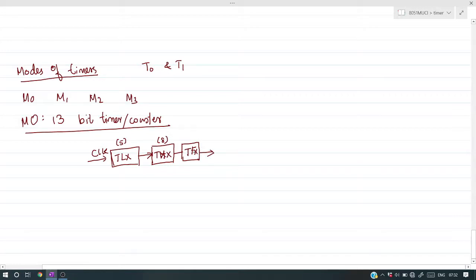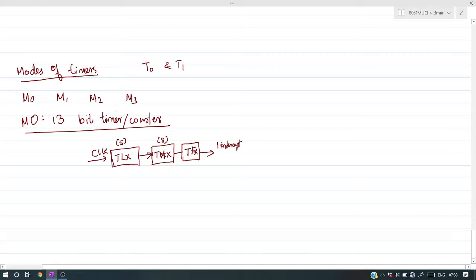Whenever TF, that means the timer overflow flag, is set, it will send an interrupt signal. That means it will interrupt the microprocessor and it will service the interrupt service subroutine, that is ISR, related to this counting operation. During this counting process, the processor is free for doing other operations.